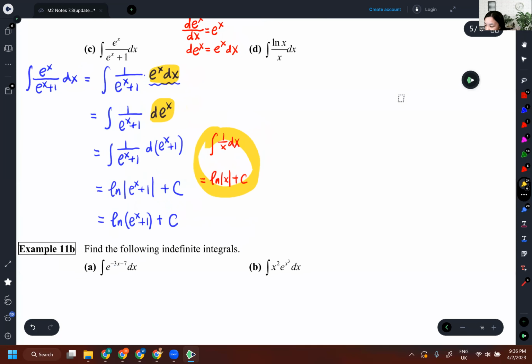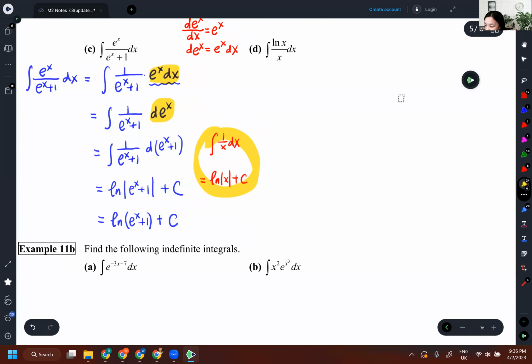In part D, you will see another technique because this is equal this. Now you can see what I'm doing. I'm putting 1 over x and dx together.